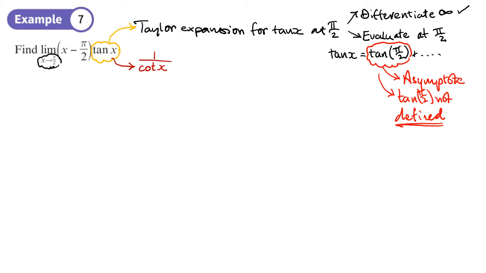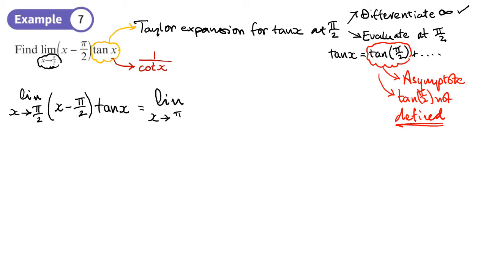That often solves the problem. So the question, which started like this, the limit as x tends to pi over 2 of x minus pi over 2 times tan x, now becomes the same limit as x tends to pi over 2 of x minus pi over 2, but now times 1 over cot x. This is equivalent.